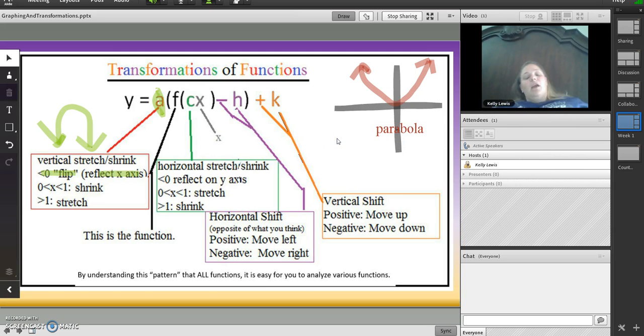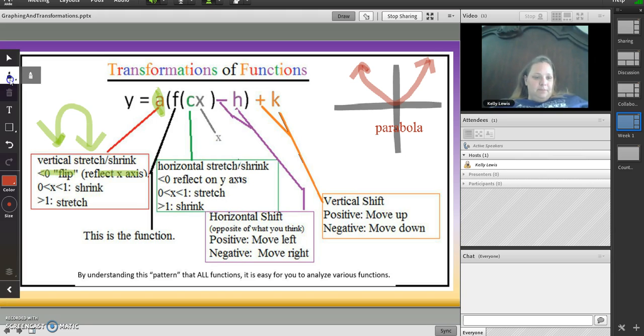All right, so if the number in front is negative, like -2, -3, -1, it's going to flip on the x-axis. If the number is between 0 and 1, like 1/2, 1/3, 2/3, 1/4, a fraction, it's going to shrink, it's going to become skinnier. That is incorrect.